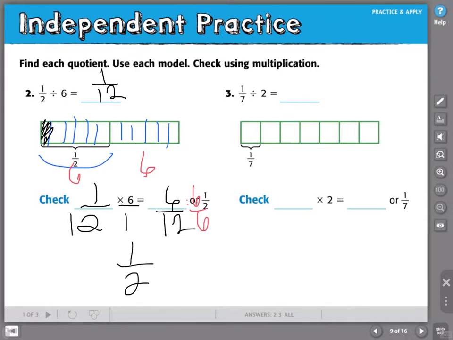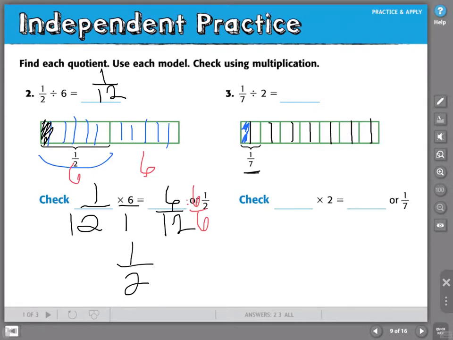Here I have a question that asks me to take 1/7 and divide it by 2. Each of these 1/7 size pieces will be divided by 2. How much is one of these pieces? What size is it as it relates to the whole?